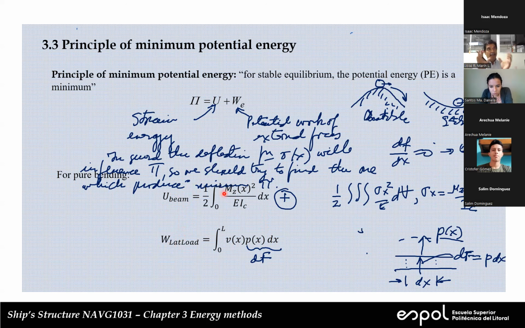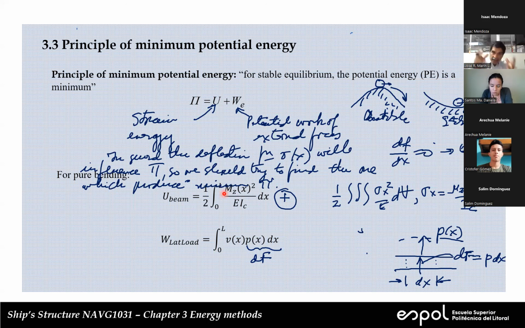And we have, right now, at that point, one value of the potential energy, okay? Then you can imagine another type of function, right? For example, in one case, you could take a quadratic polynomial. You can evaluate U beam, you can evaluate the potential energy of the lateral load. But now you can take another form. For example, a sinusoidal, sine pi x over L, right?